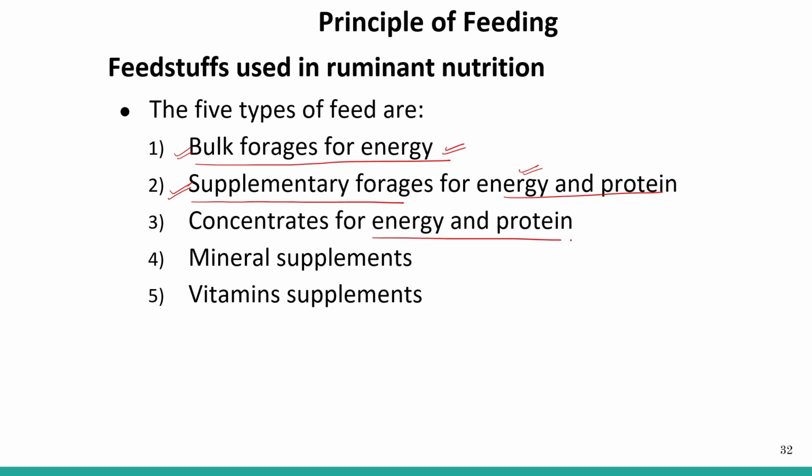Now, energy and protein concentrates, there is concentrate also for the energy and protein production. Mineral supplements, so they require mineral supplements also, and another supplement, that is vitamins. So these are the 5 types of feed that must be present in the food of ruminant nutrition.